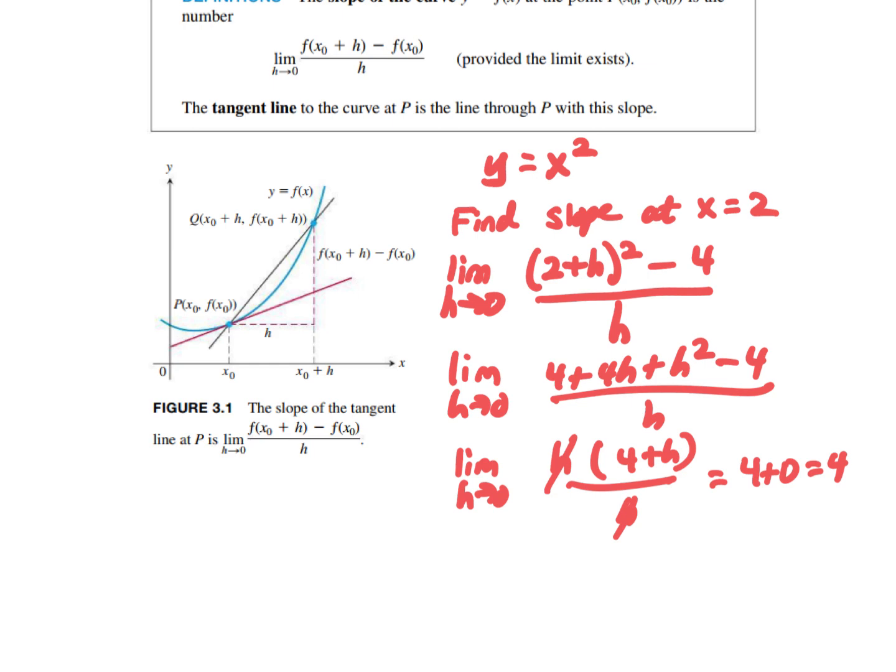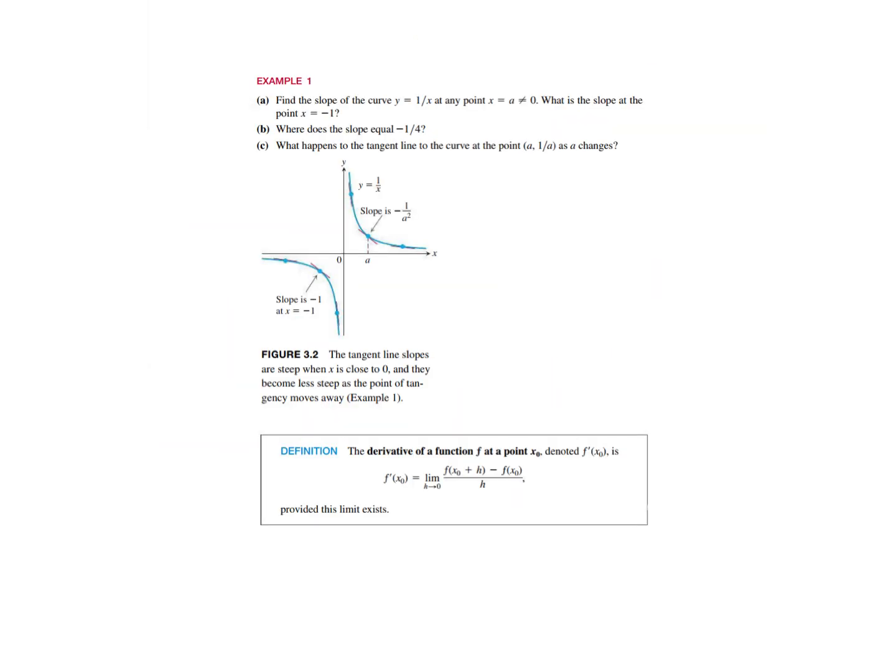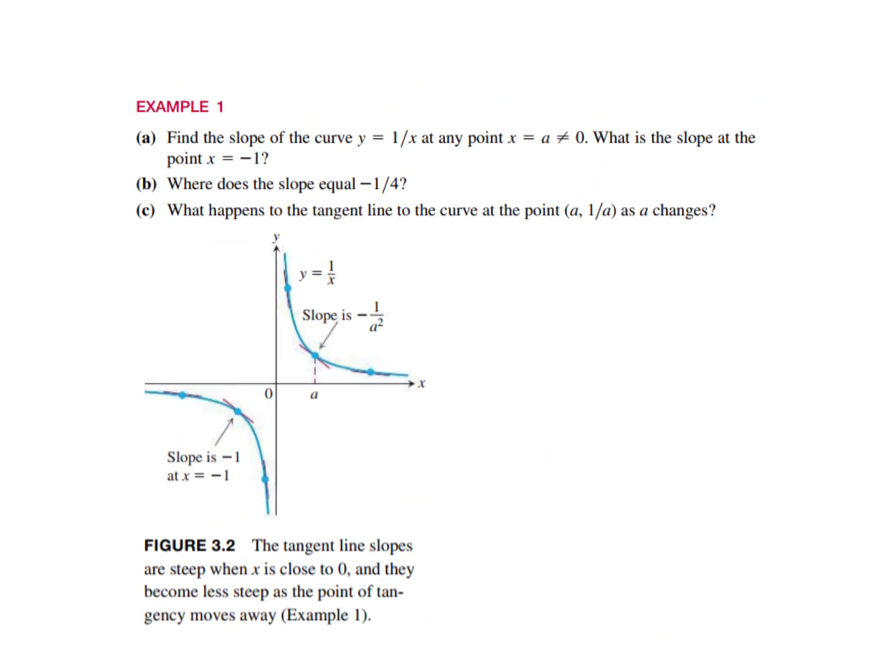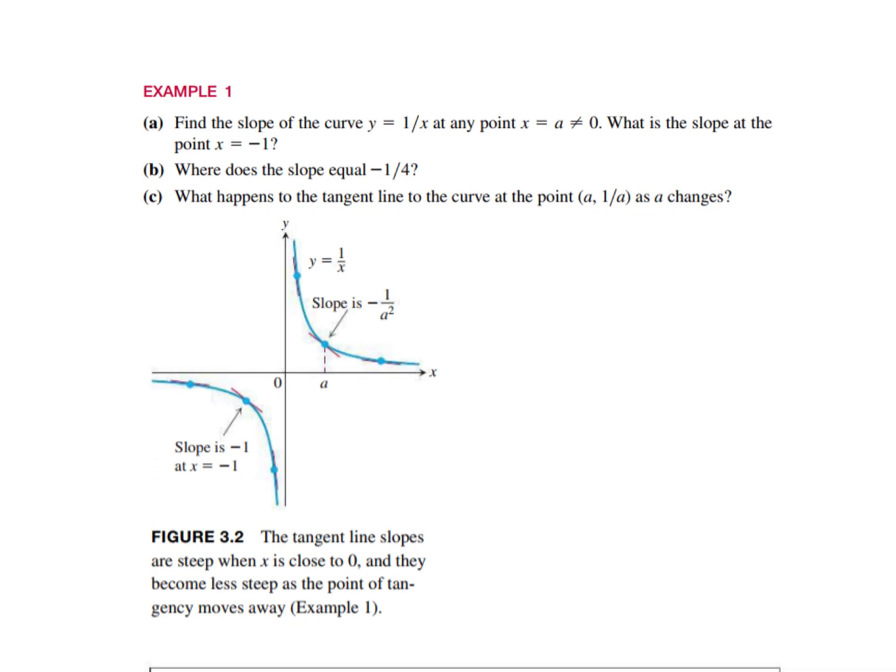Let's take a look at another example. In this particular example, I'm trying to find the slope of this curve at any point x is a, and then I want to specifically find the point at x is equal to -1.